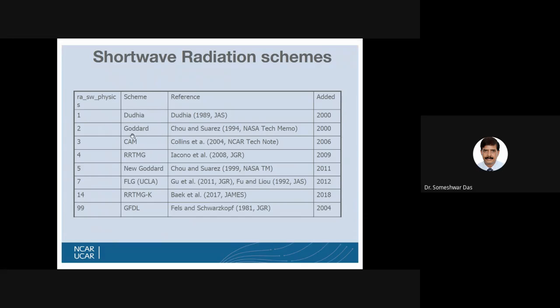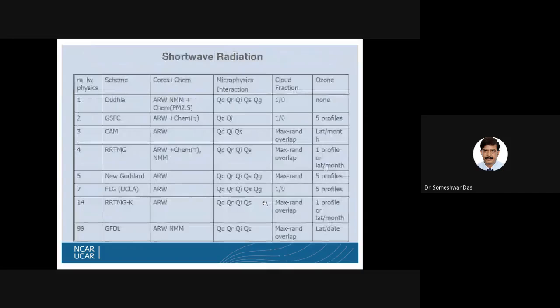Similarly, the Goddard, that is NASA's scheme: you are choosing option 2 for short wave, that means you are using the NASA scheme developed by Chou and Suarez. Okay, then CAM is for option 3, and so on. Now you can read all these things yourself, up to option number 99, which is for the GFDL. So I'm going to skip these things. Now, depending upon which option you are choosing, these are the things you are doing in the model.